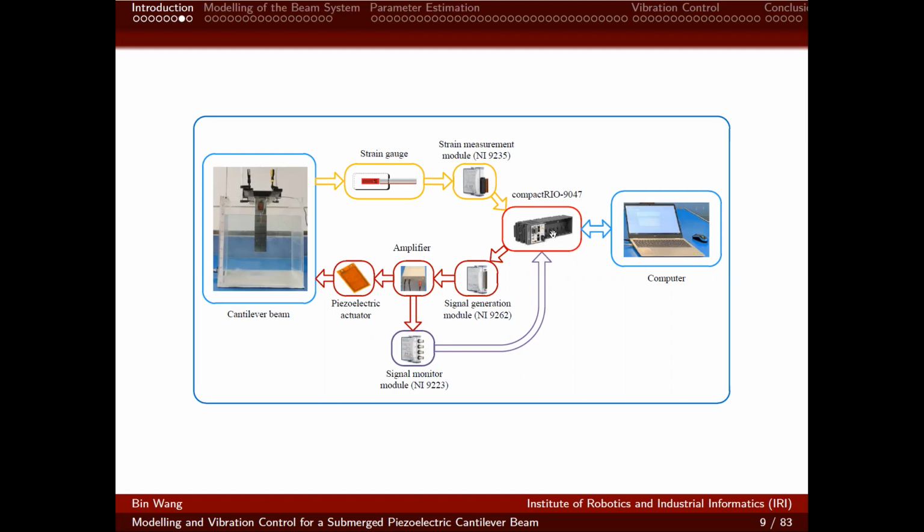With the CompactRIO, we can generate the signals that we want because we have programs inside it. With a signal generation module and the amplifier, we can generate the voltage to the piezoelectric actuator, and then we can use the piezo patch to suppress the vibration.